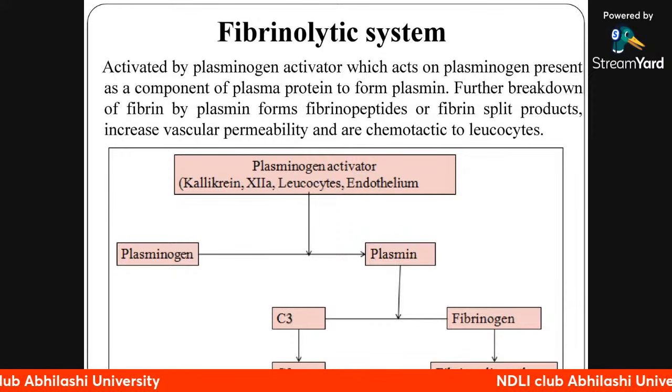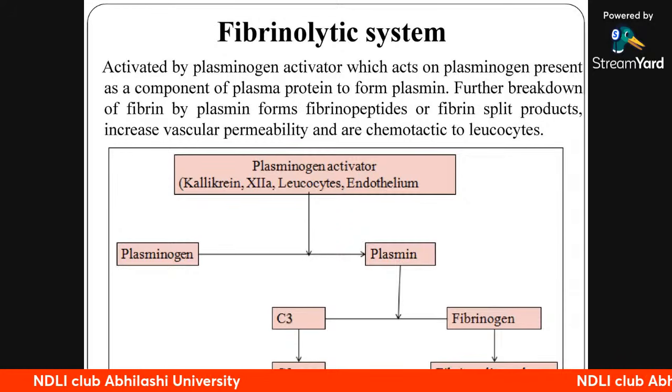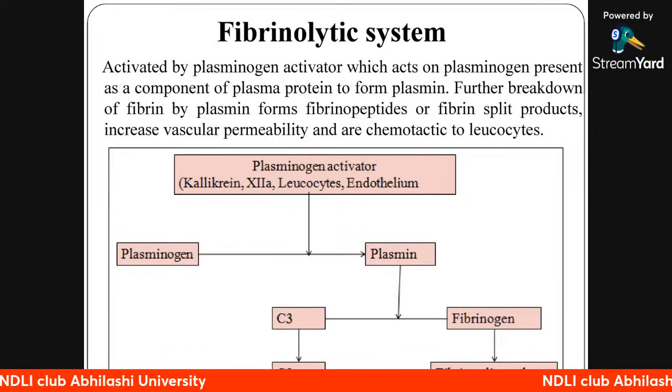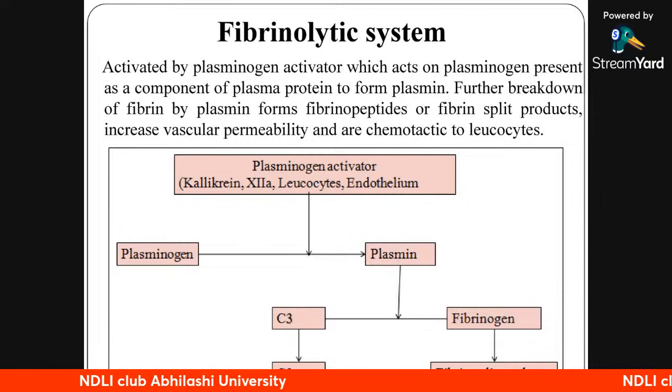This system is activated by plasminogen activator. It acts on plasminogen, present as a component of plasma proteins, to form plasmin. Plasmin breaks fibrin into fibrinopeptides or fibrin split products. Fibrin split products increase vascular permeability and are chemotactic to leukocytes.